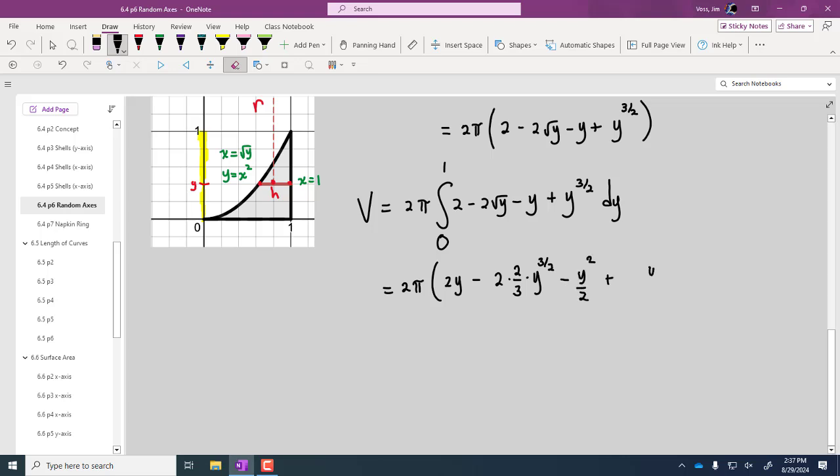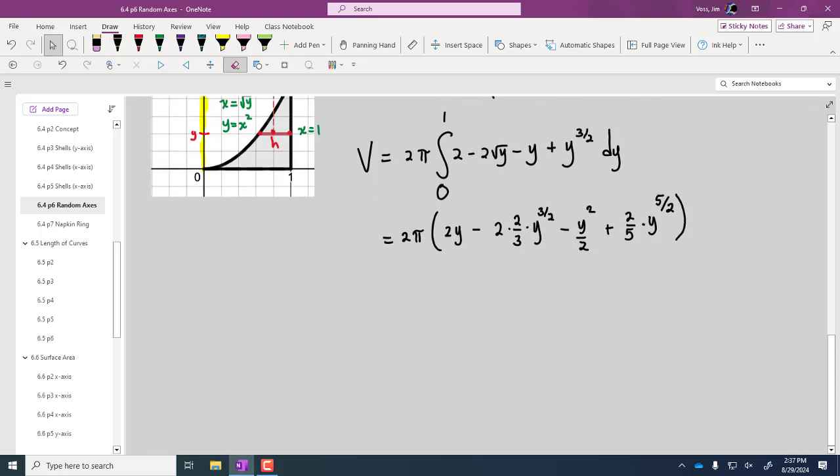Over here we get y to the 5/2, divided by 5/2 means multiply by 2/5. Those y values are from 0 to 1. Now we just plug in the 1. Plugging in 0 gives nothing. So that's it.